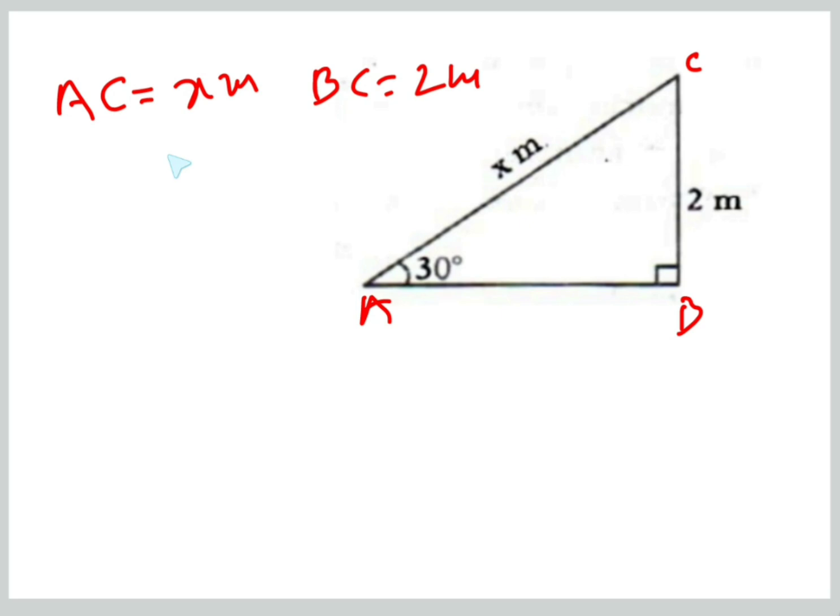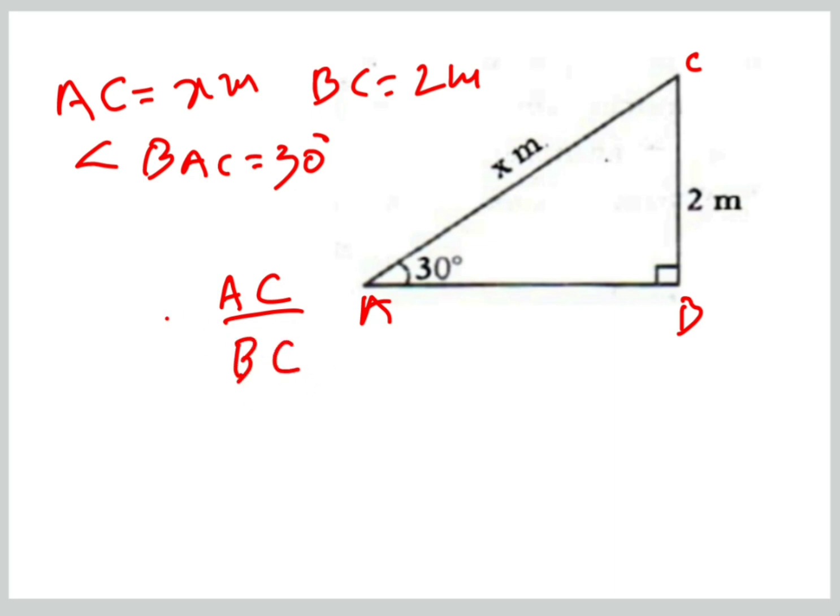The angle BAC is equal to 30 degrees. We need to find AC. So we know AC by BC. That is, AC is the hypotenuse and BC is the opposite side.